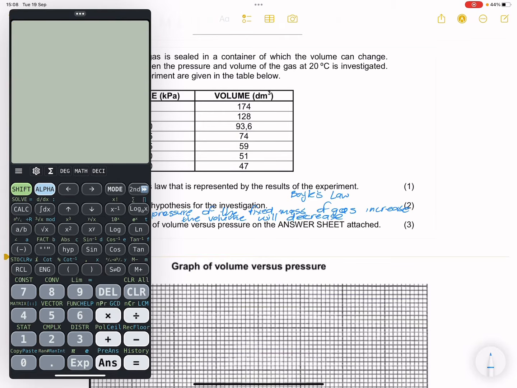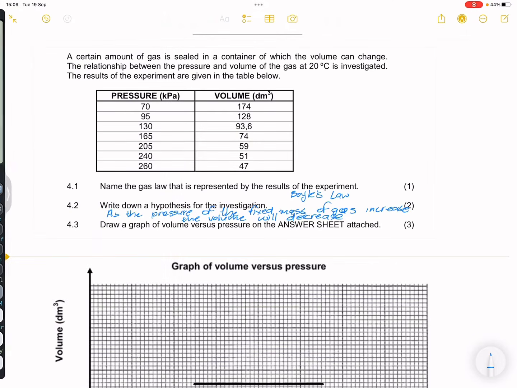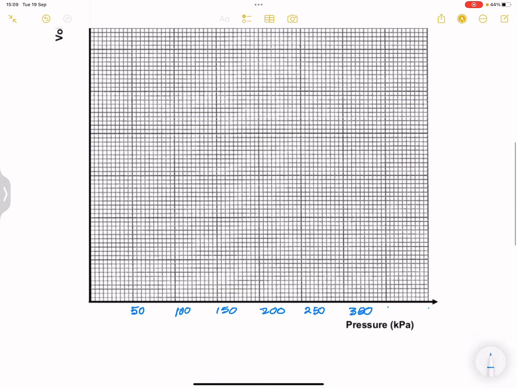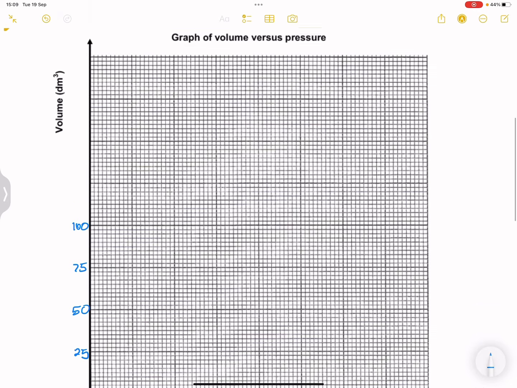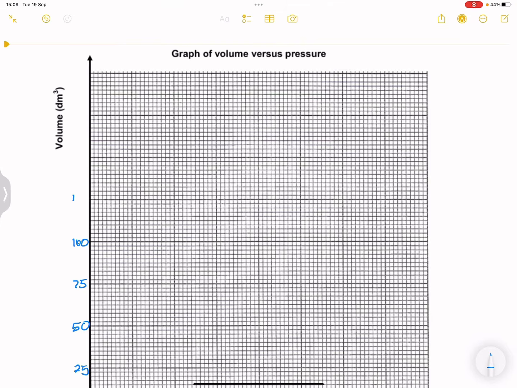So I can say 174, or let's just say 180, divided by 8, and you get 22.5. So anything above 22.5 would be able to fit that in. So I'm going to choose 25 as my scale. So 25, that's 50, that is 75, and that's 100, and that is 125.